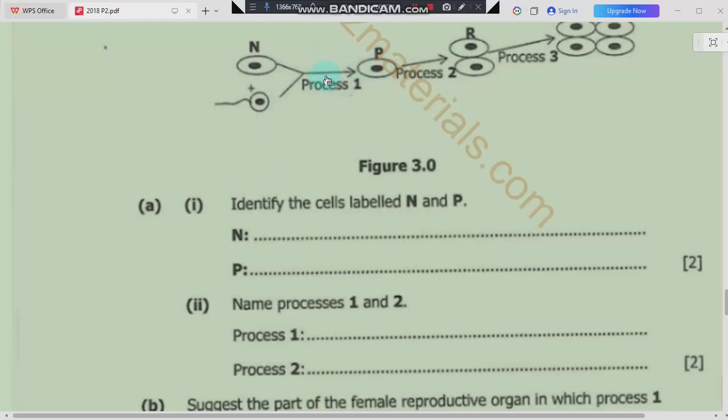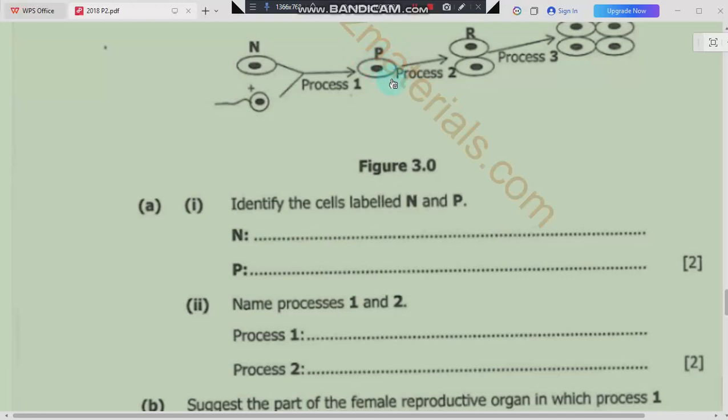What is fertilization? It is the fusion of the sex cell of the spermatozoa as well as this oocyte to form a zygote.